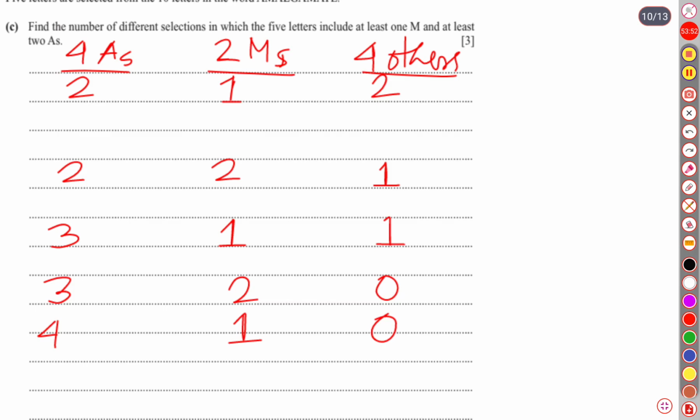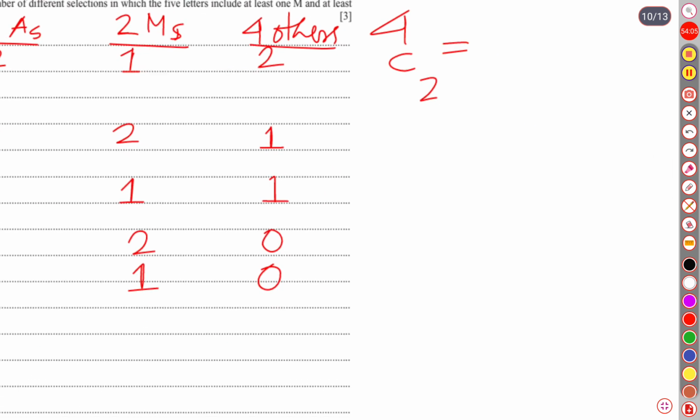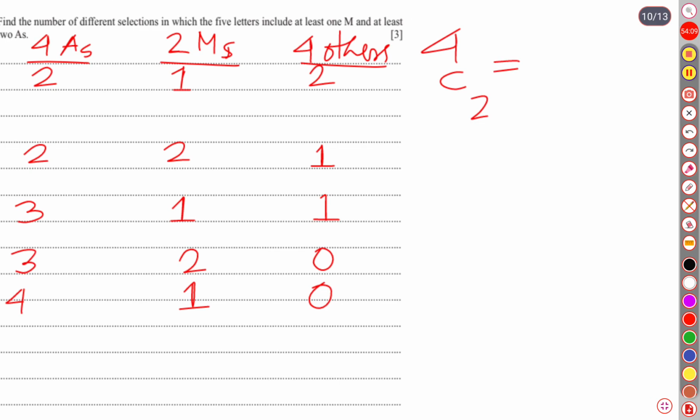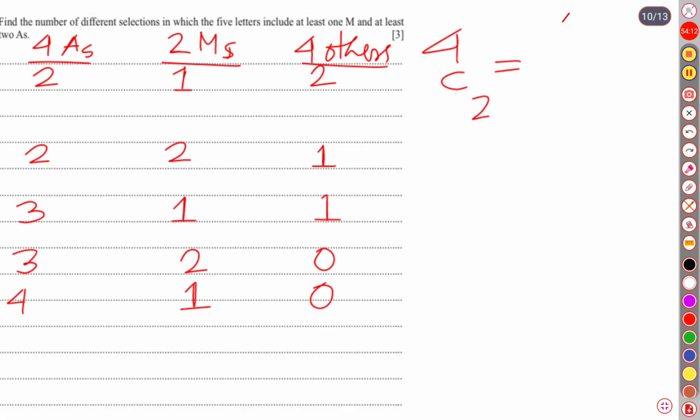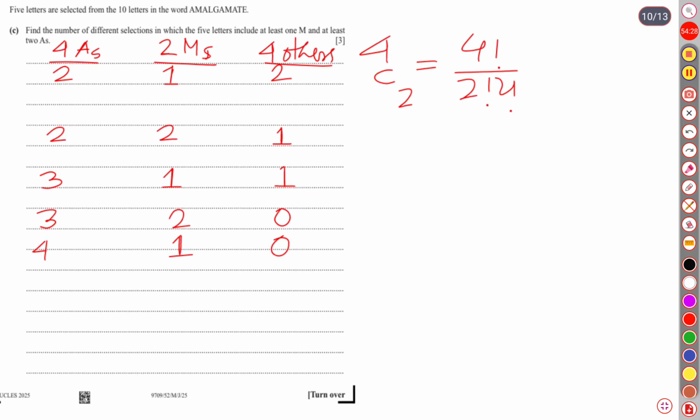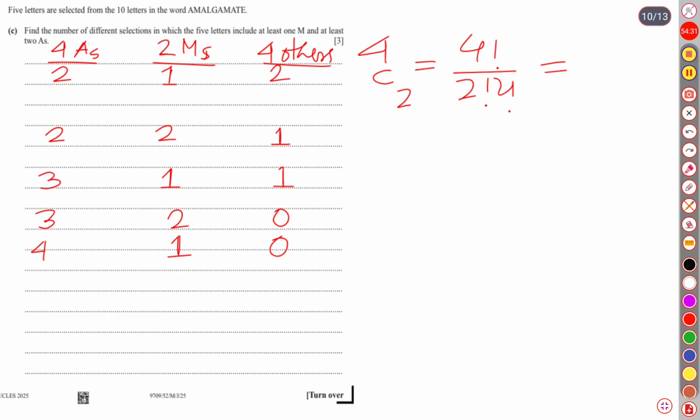So if we choose 2 from 4, it is going to be 4 factorial over 2 factorial and 2 factorial. 4 factorial means 24 and 2 factorial is 2, so it is going to be 6. Let us write here 6. So for the first case it is 6.